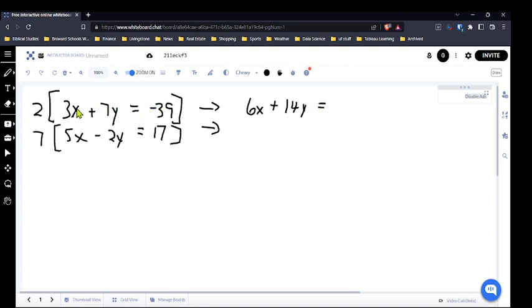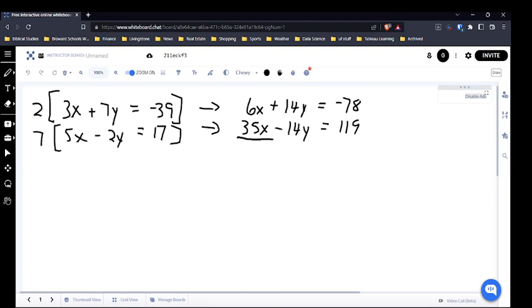And that's going to equal, now don't forget to multiply the number all the way on the right, 2 times minus 39, which is going to be minus 78. And here I'm going to have 7 times 5x, which is going to give me 35x. And 7 times minus 2 is going to be minus 14y. And that's going to equal 7 times 17, which is 119.